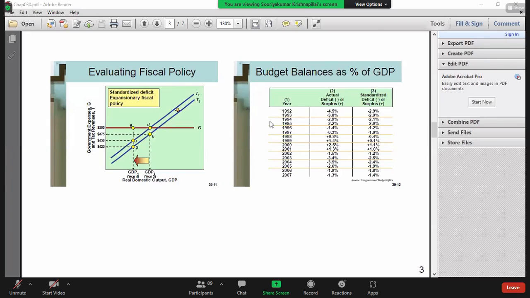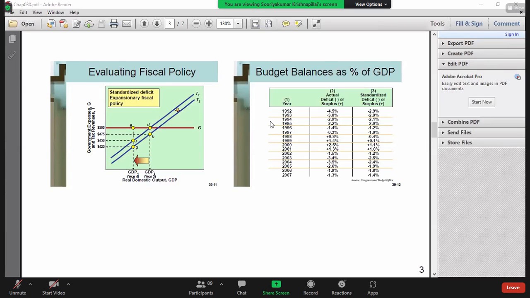So now the 25 million difference between the government expenditure and the tax revenue at the full employment GDP, 500 minus 475, is a 25 million budget deficit.